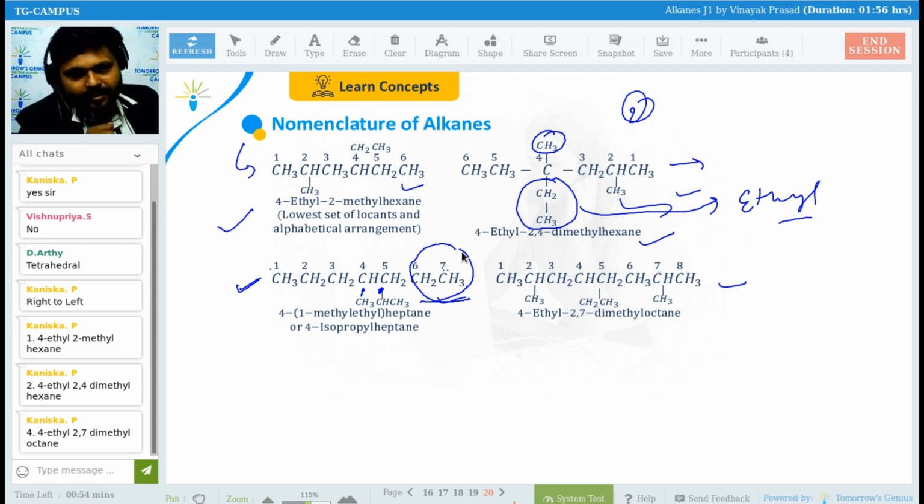What do you say? Yes or no? At the fourth position, one carbon is there, and that carbon is attached to another two carbons. So what can we say about this? Can anyone tell me the right answer for this question?